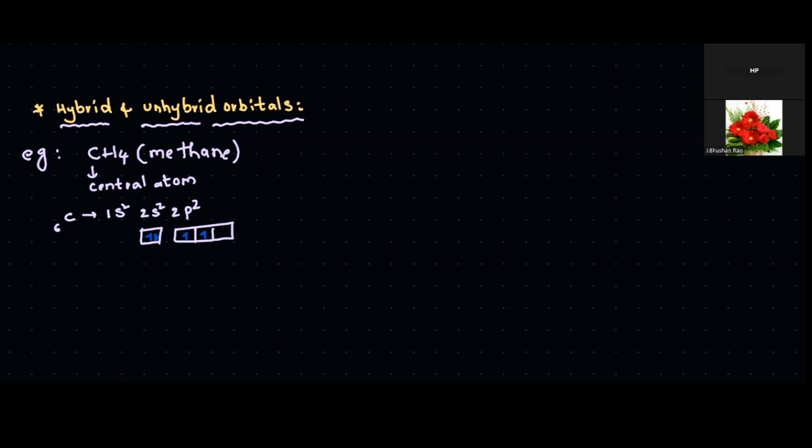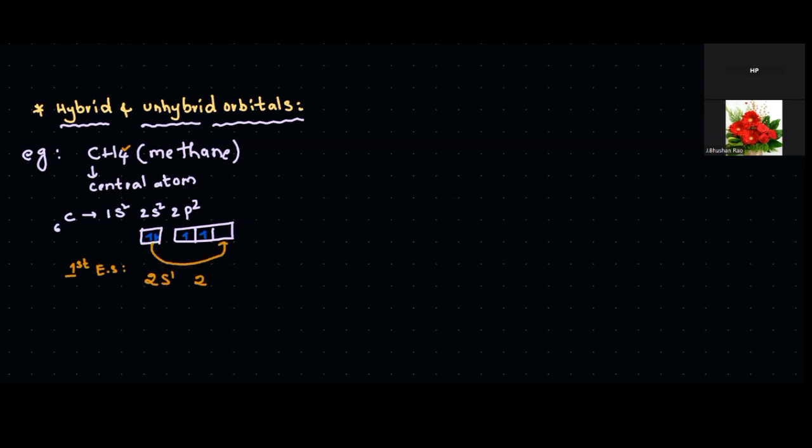Now how many hydrogen atoms does this carbon have? Here, 4 hydrogen atoms. So 4 hydrogens means 4 unpaired electrons are required in hybridization. So carbon is involved in the first excited state. One electron jumps from the 2s to the 2p orbital. Now the electronic configuration is 2s1, 2p3.